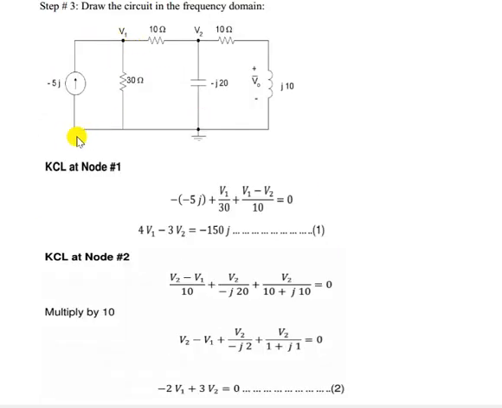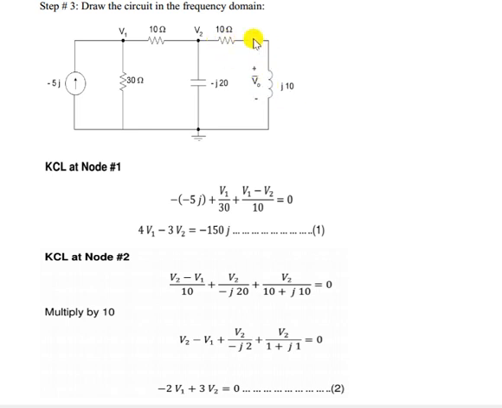Now we can apply KCL at node 1. The current entering is negative, so we consider the negative of minus 5j, then all currents are leaving: V1 by 30, V1 minus V2 by 10 equal to 0. Then we can find this equation. Now for node 2: V2 minus V1 by 10, current is leaving, V2 minus 0 divided by j20 minus j20, then V2 minus 0 divided by 10 plus j10.